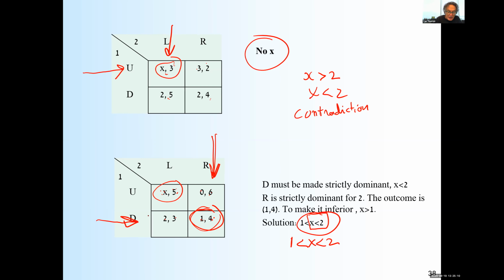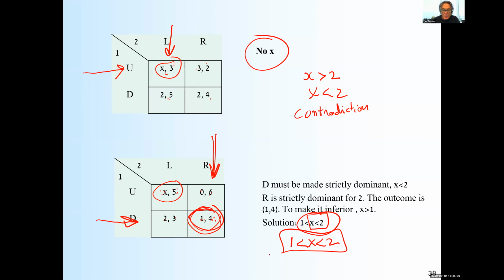So now when they play these two dominant strategies, they get 1 and 4. The second requirement of a prisoner's dilemma game is that the outcome must be inferior. So 4 is smaller than 5, and 1 should be smaller than x, or equivalently, x bigger than 1. Great.